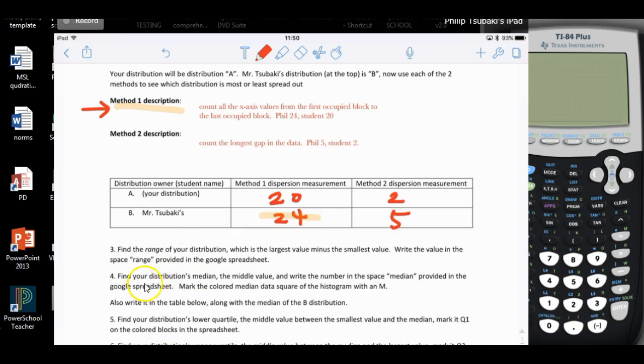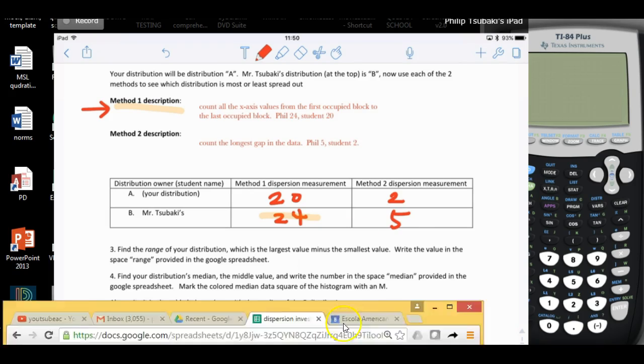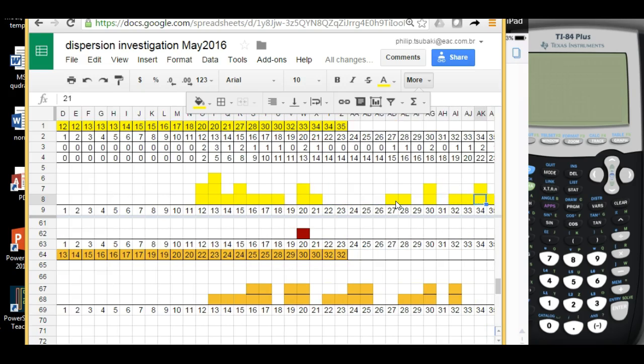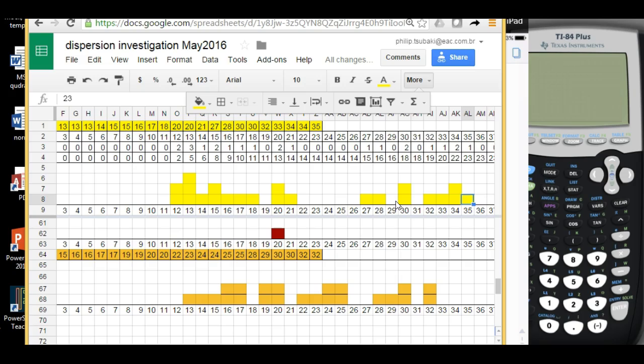Now let's see what the next step is. It says, find your distribution's median, the middle value, and write the number in the space median provided in the Google spreadsheet. Mark the colored data square and the histogram with an M. First we're going to find the middle value, and there are a couple of ways to do that. One way is to start from the left and from the right and count in until you get to the middle block.